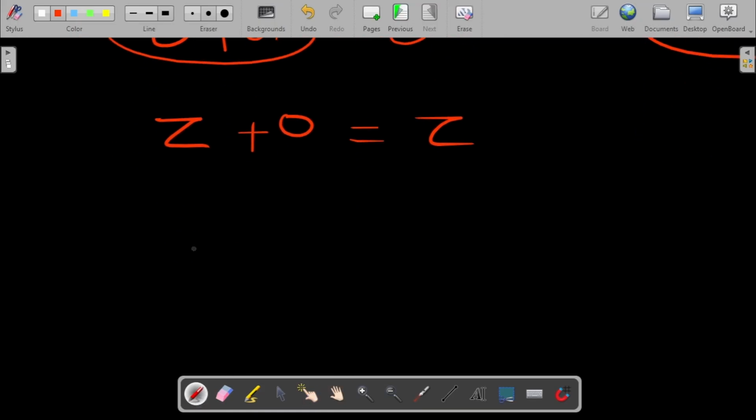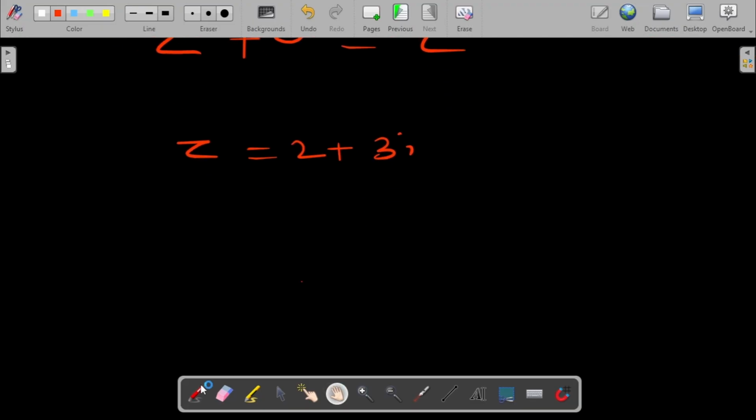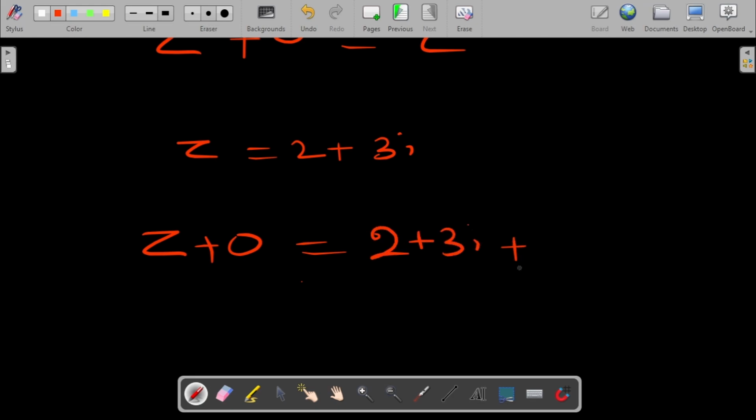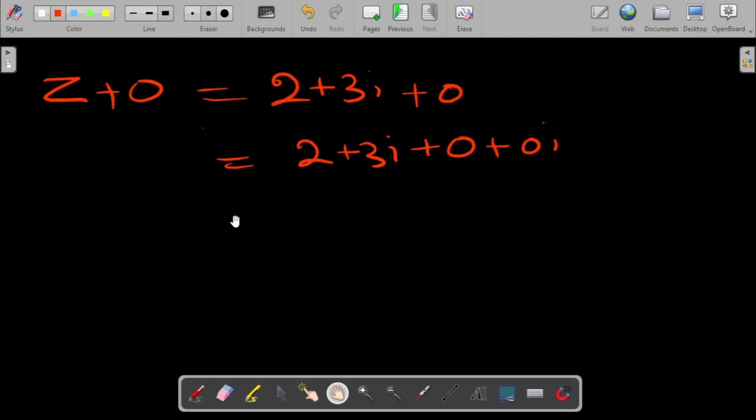For example, if I take z equal to 2 plus 3i, and now I add z plus 0, that is 2 plus 3i plus 0 plus 0i.